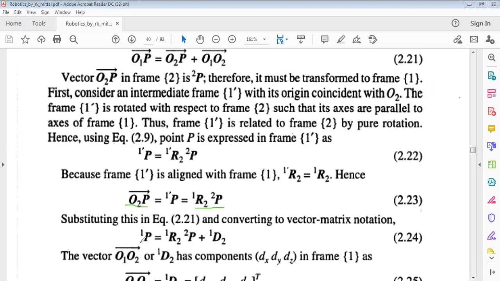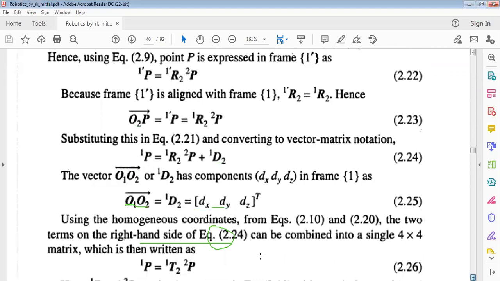Therefore, 1P is equal to 1 R2 2P plus translation 1 D2. The summation of these two terms, 1 R2 2P plus 1 D2. We have to write this in homogeneous matrix form, so let us see how to write it.